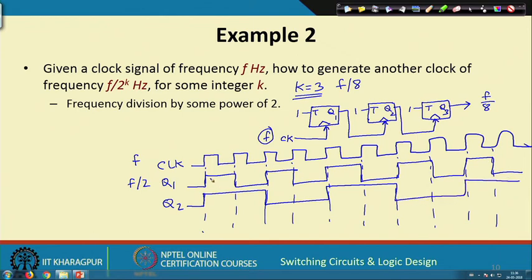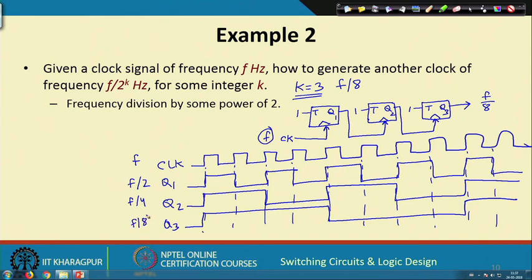You see, for every 2 pulses of Q1, 1 pulse of Q2 is generated. So, the frequency here will be f by 4. Again for Q3, this Q2 is fed as the clock of the last one. Similarly, if this is also 0 initially, there will be 1 toggling here, 1 here, 1 here, and so on. For 2 pulses of Q2, 1 pulse of Q3 is generated. So, this will be f by 8.